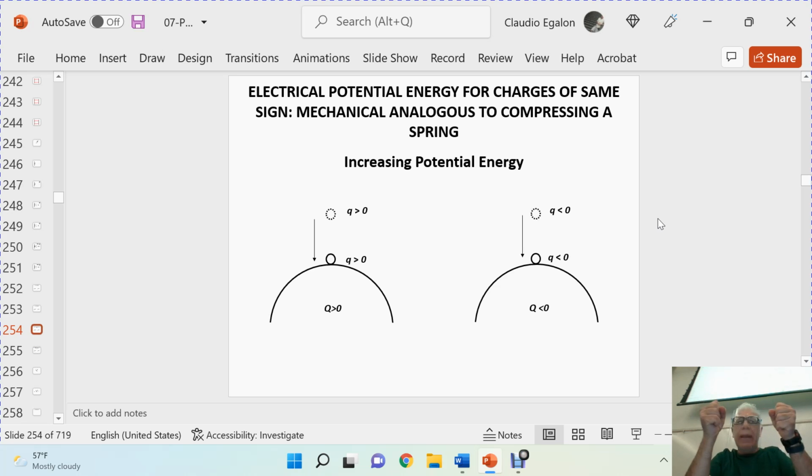That's the important idea. So the moment I release those two charges, they fly away, because their potential energy is converted into kinetic energy.